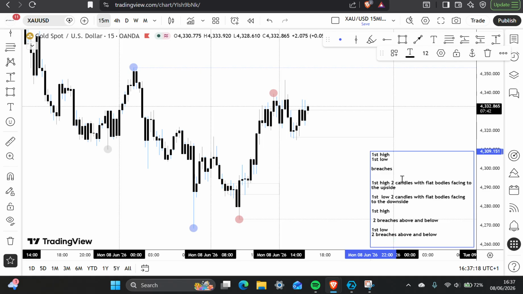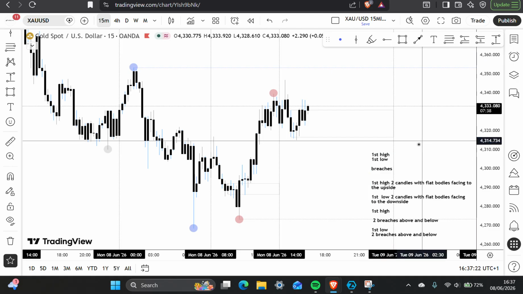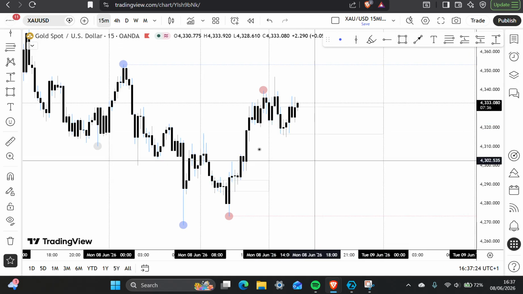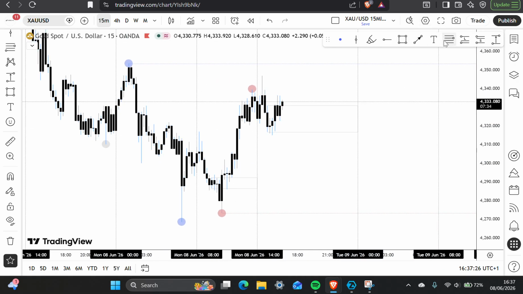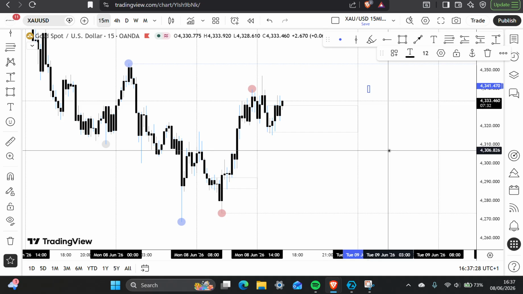Cool. And then you have to look at the previous session. Because we are trading Asia and London inverse, London will most likely be a squeeze session, and New York will most likely be the delivery session.